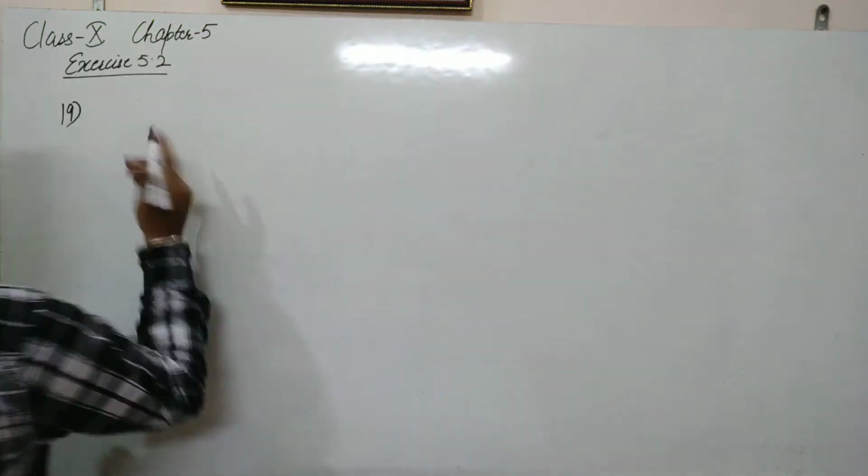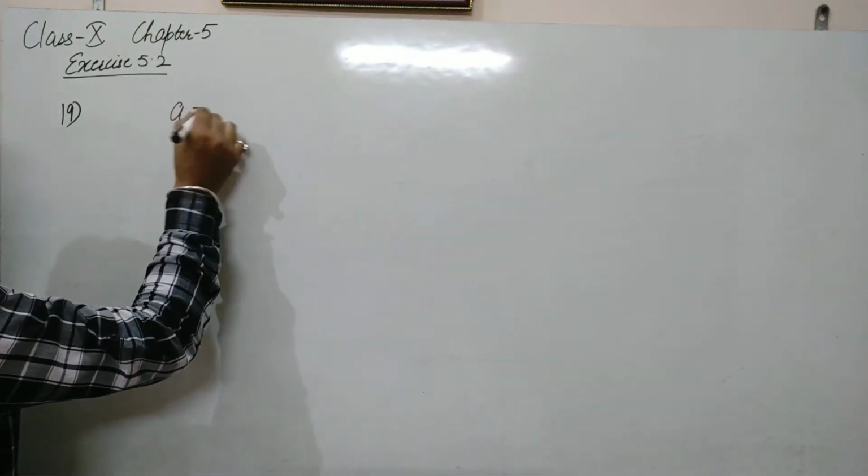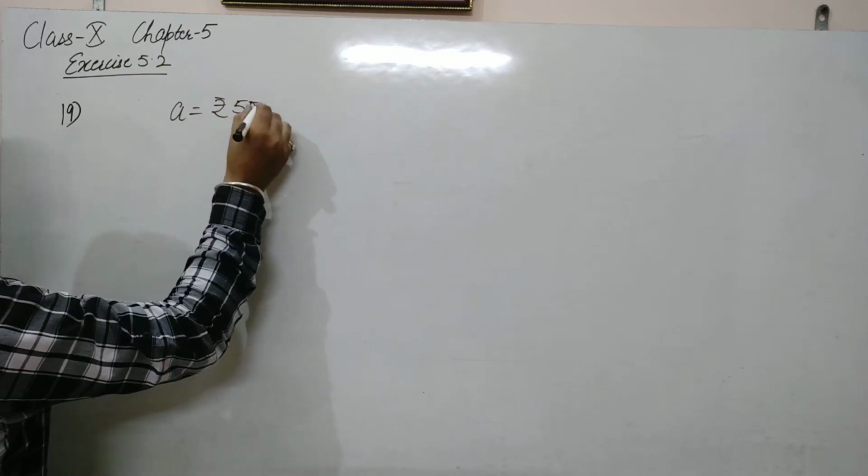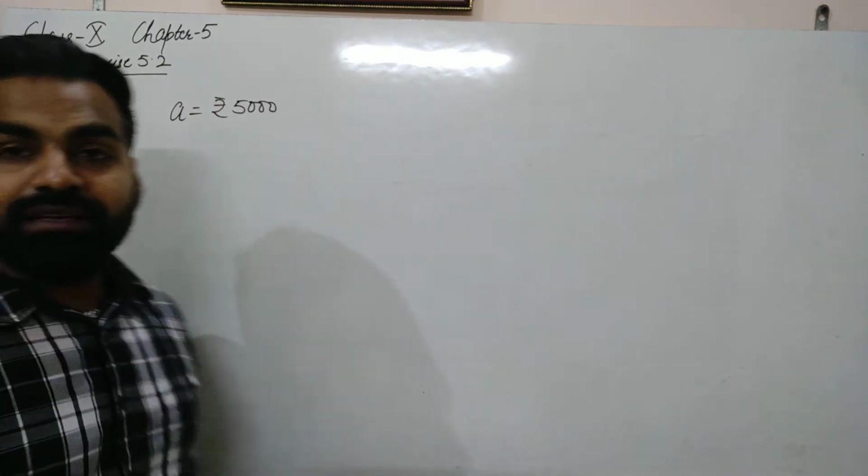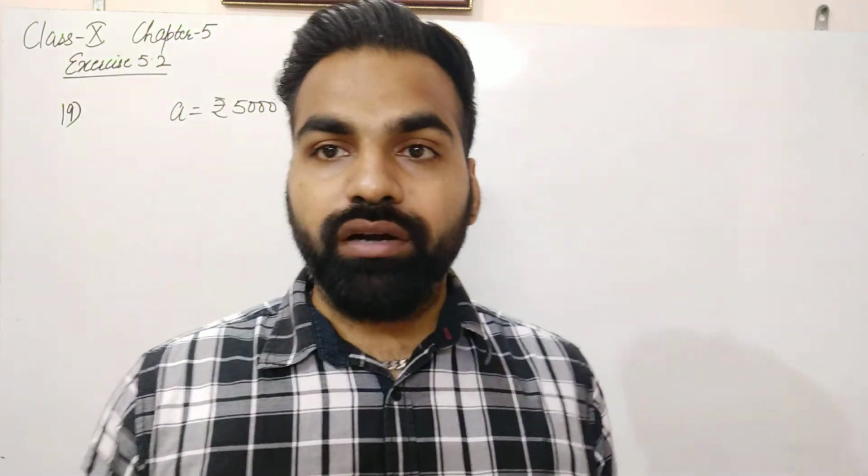Question number 19. Subba Rao started work in 1995 at an annual salary of rupees 5,000. He started his job at rupees 5,000 and received an increment of rupees 200 each year. So he started at rupees 5,000, so A will be rupees 5,000, and the increment is fixed here, 200 for each year.